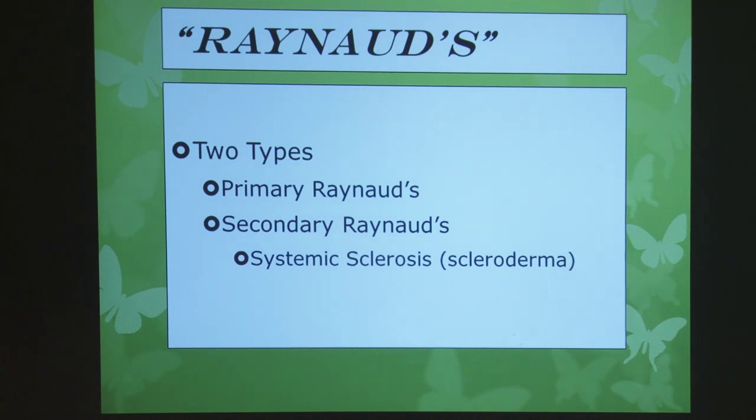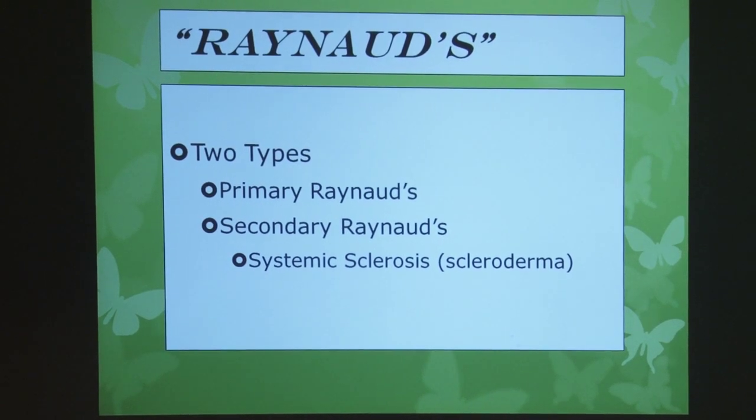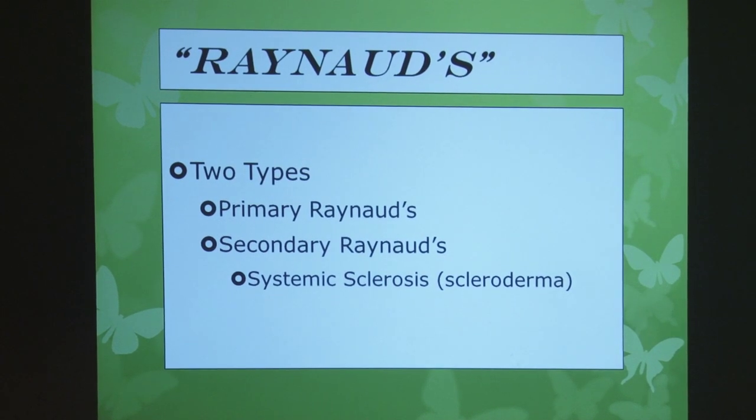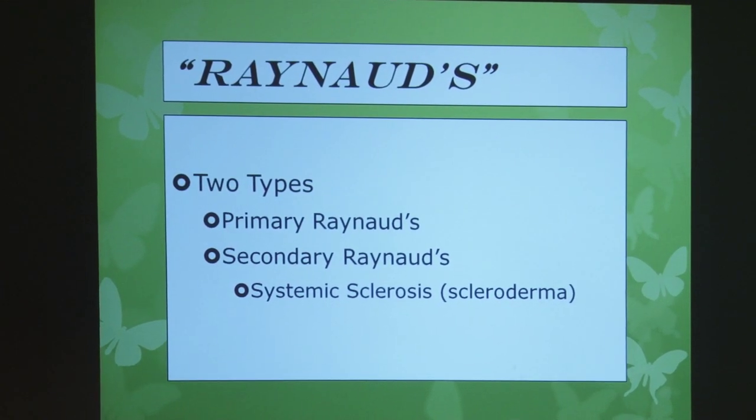There are two types of Raynaud's, and I think we have probably different patients here in the audience today. The first type is called primary Raynaud's. Primary Raynaud's just means that you have Raynaud's for no reason that we can diagnose. So that means you don't have history for a frostbite, you don't have a history for scleroderma, lupus, or an associated disorder.